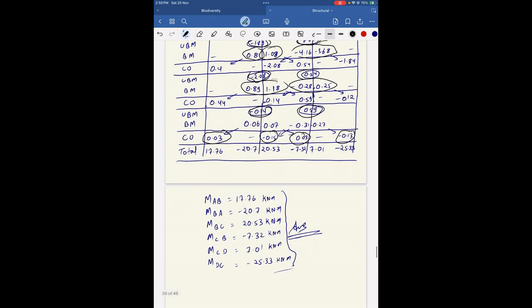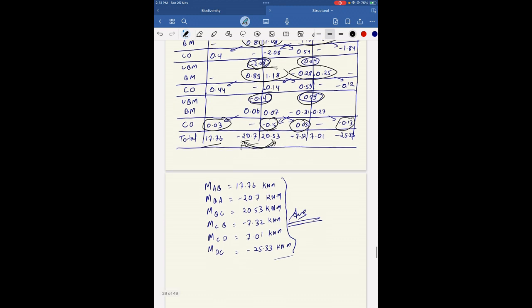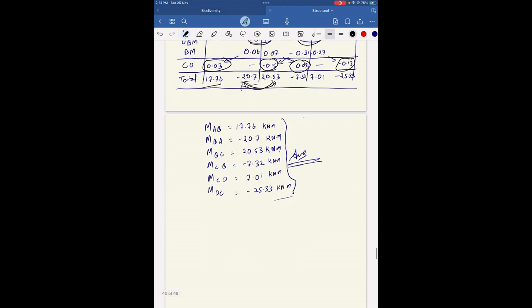So here we stop our iteration and sum the moments. Here some differences come because we have stopped there. If we continue this for infinite times it is the same. After this we get the final moment.